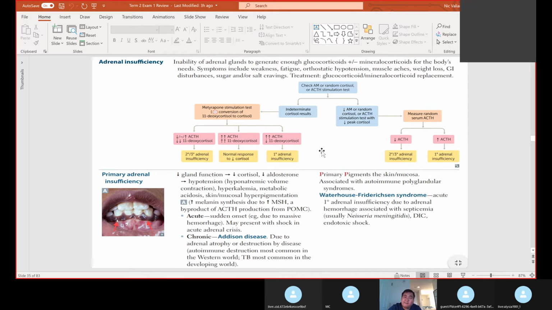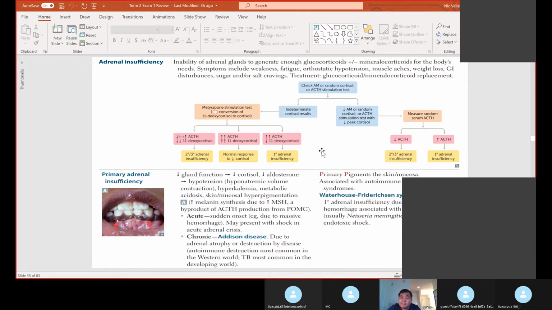So what happens if you have primary adrenal insufficiency? You have decrease in cortisol, decrease in aldosterone. So what? Hypotension, hyperkalemia because you have decreased aldosterone, metabolic acidosis, and you have skin and mucosal hyperpigmentation. Why?